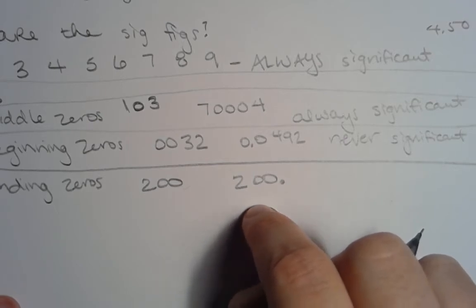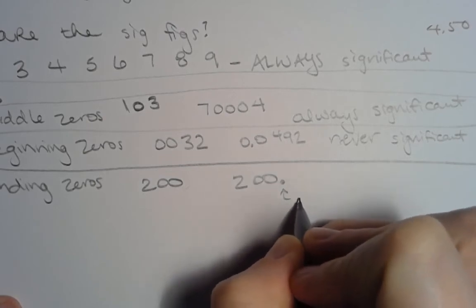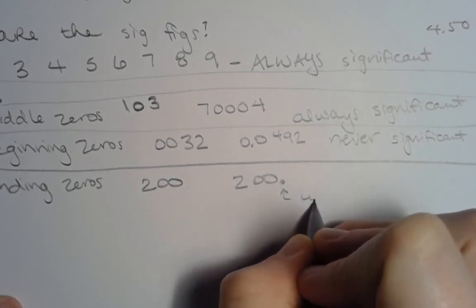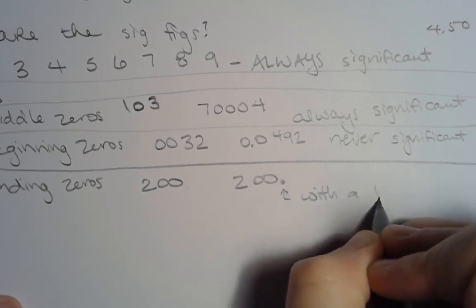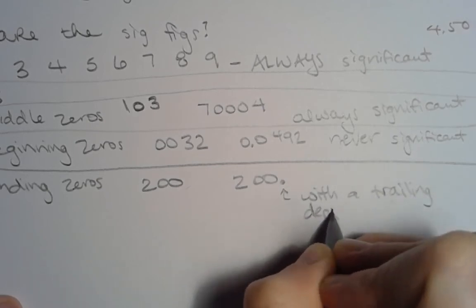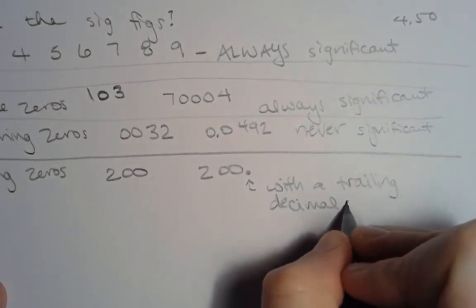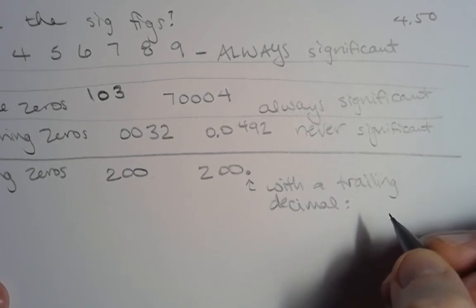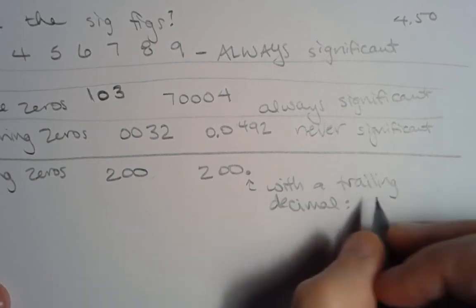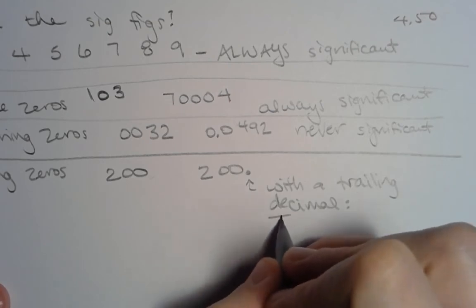Not so much anymore. If you write it with a trailing decimal, that decimal definitionally means this is significant.